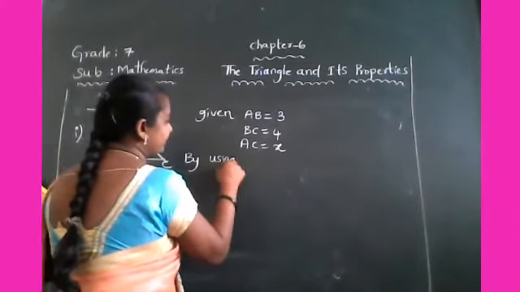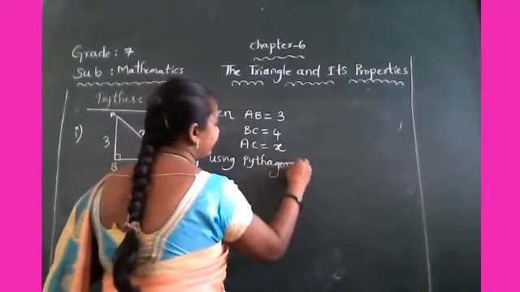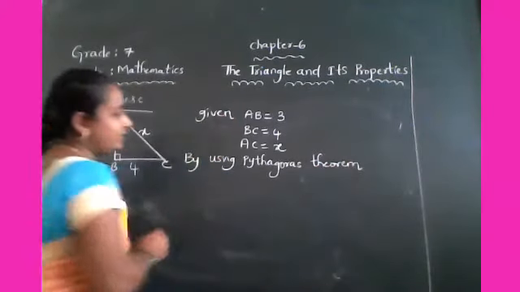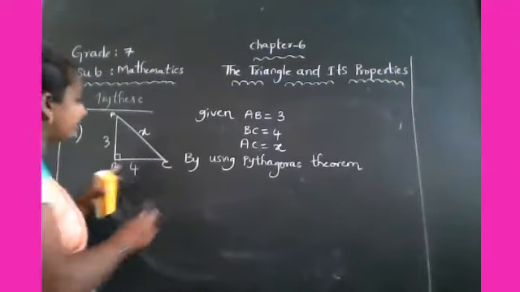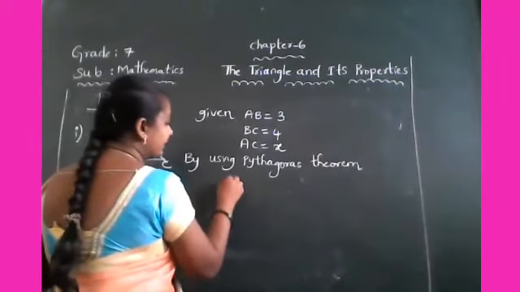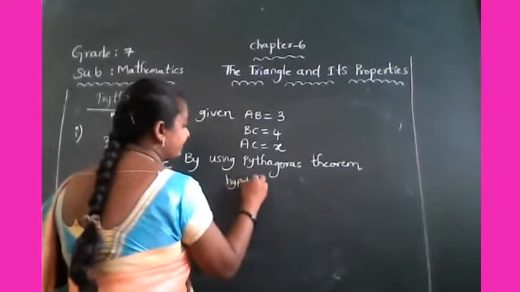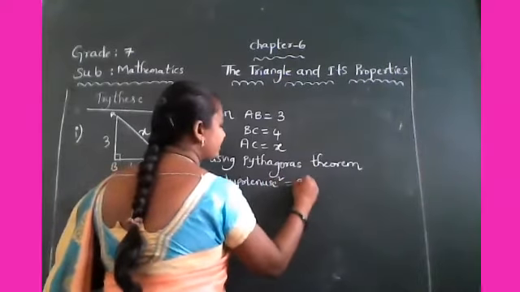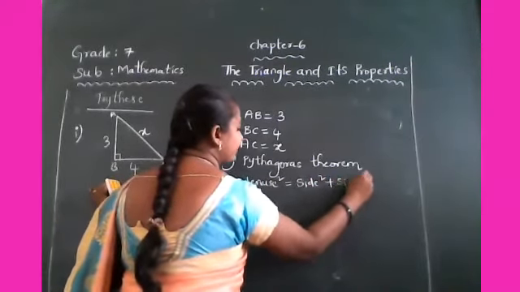By using Pythagoras theorem, we can find the third side. So the formula for the Pythagoras theorem is hypotenuse square is equal to side square plus side square.